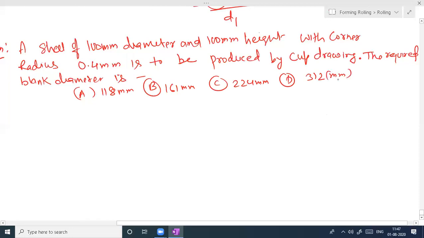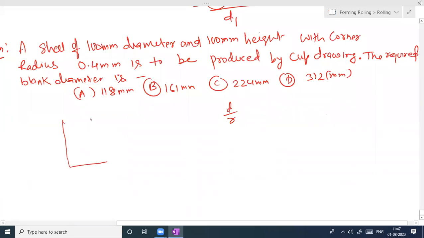Please tell me the answer. First you check D by R, then apply the formula. I'm waiting for you guys. In 2 minutes, you have to solve this.